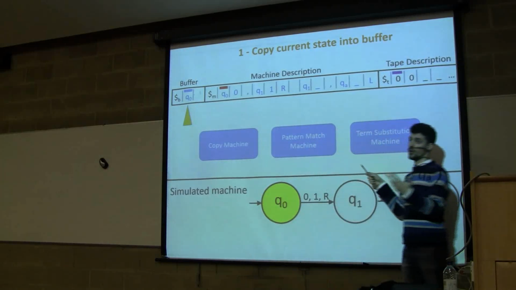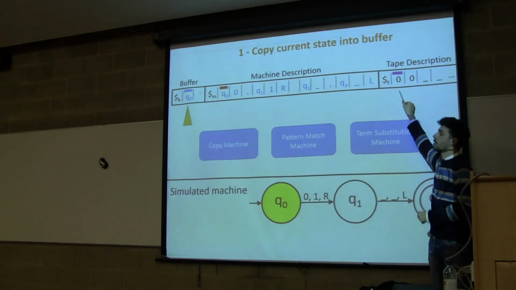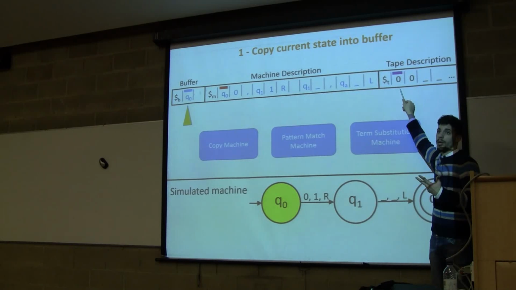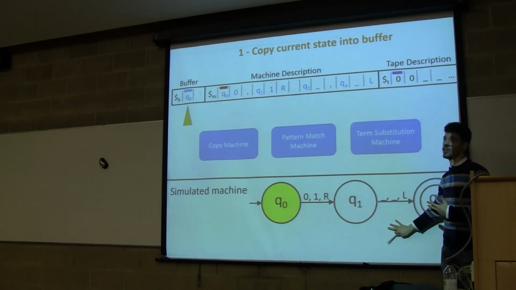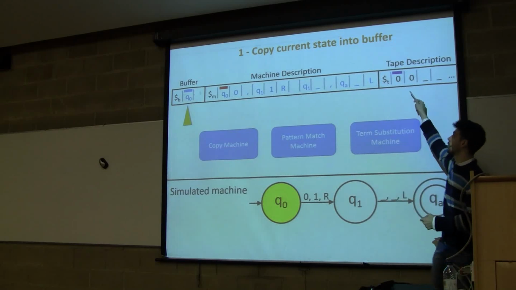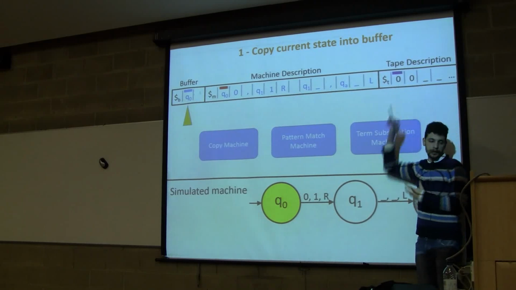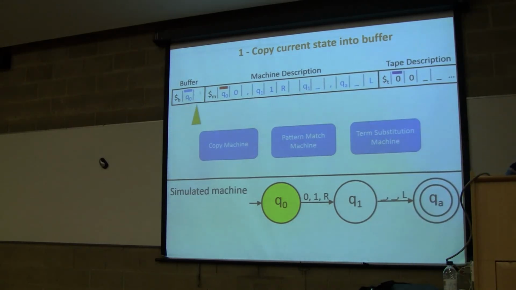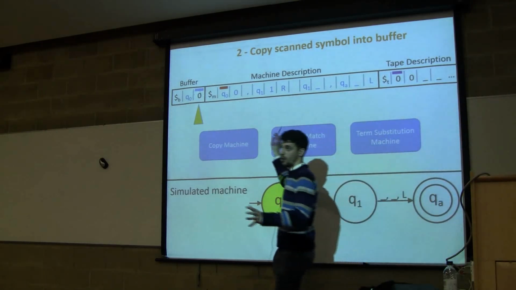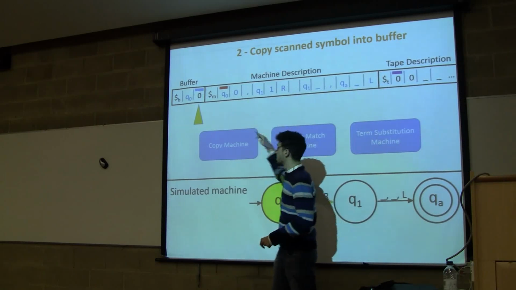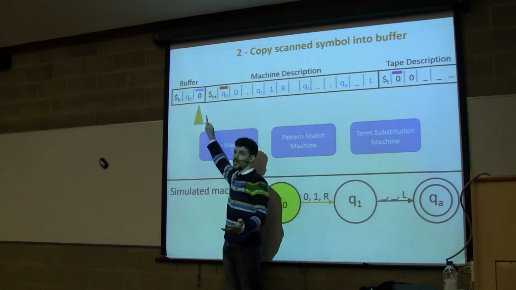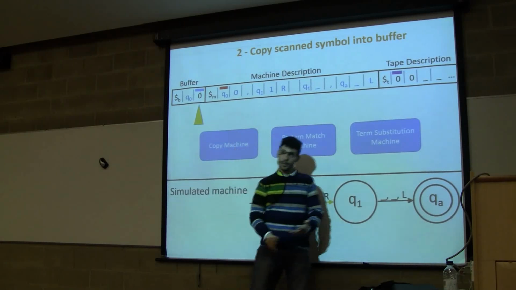The next thing you need to know is what's the current symbol under the read-write head of this Turing machine here. And it will be 0. So this little marker here means the head is currently reading a 0. So you copy that as well. Copy machine, activate it, and you copy it in the buffer. So now the universal Turing machine knows that the simulated one is in state Q0 and it is reading 0.